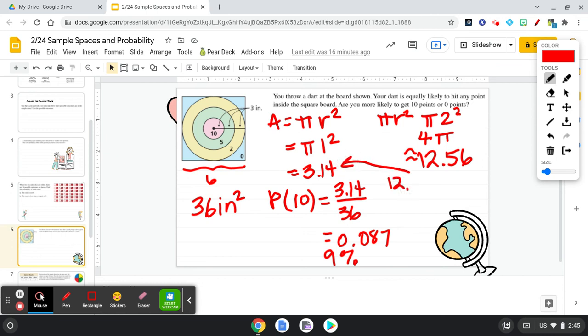So we're going to go 12.56 minus 3.14, 9.42 out of that 36 square inches to begin with. And that's going to be about 26%, 0.26. So about 26% of the time you will hit the 5-point circle, and so on.